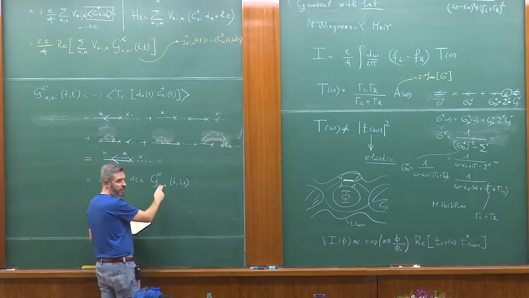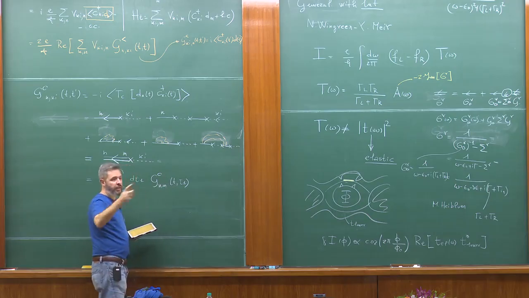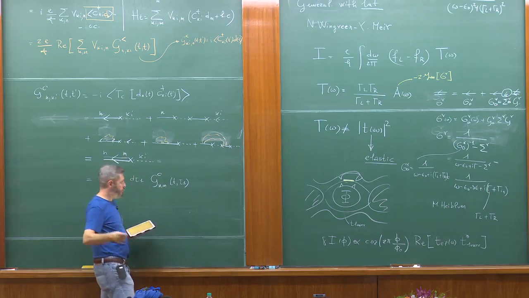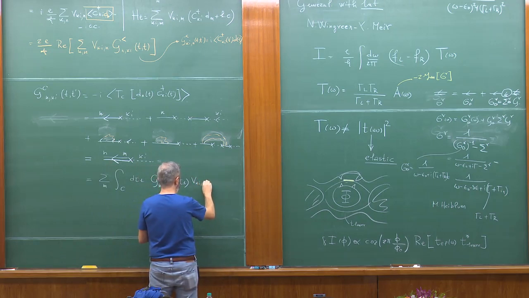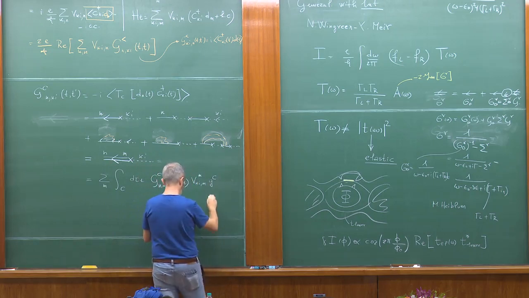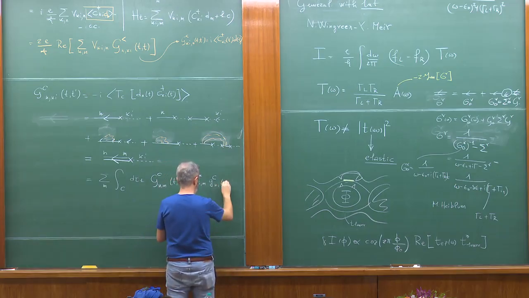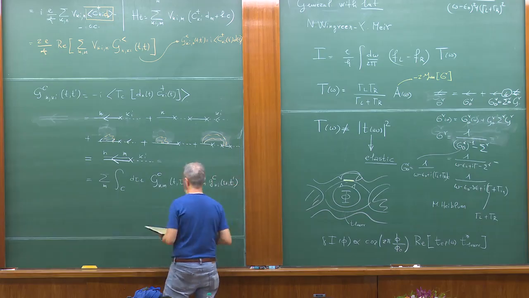N and m means I create a particle with index m and I destroy it as n. This is possible because I have many jumps to and from the leads, right? And then V k i m star, and then G C k i (tau 1, t prime). Okay?